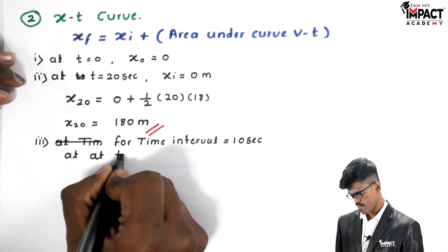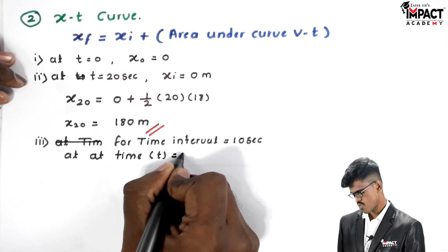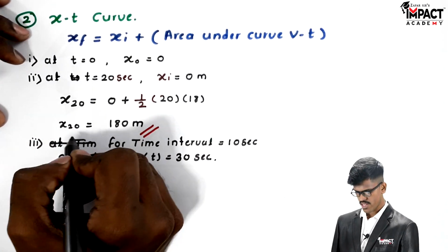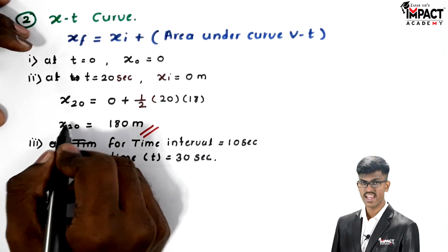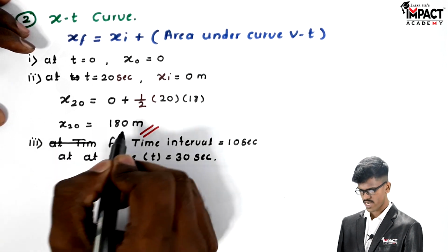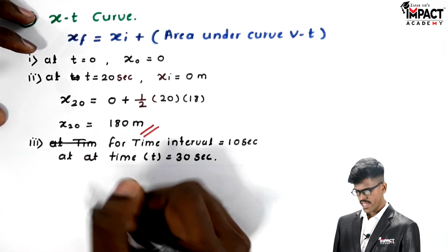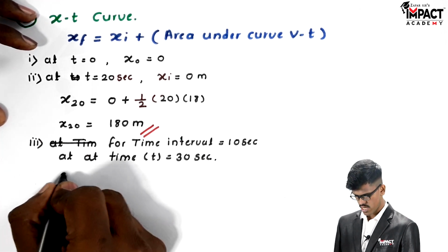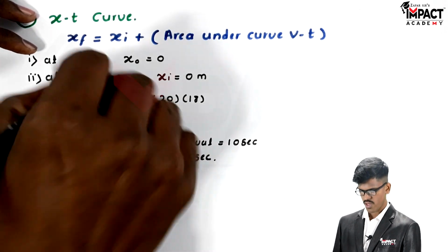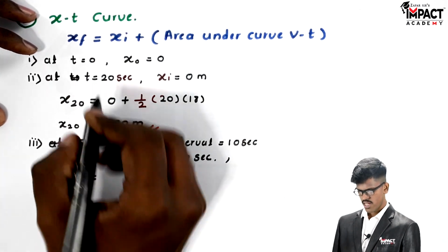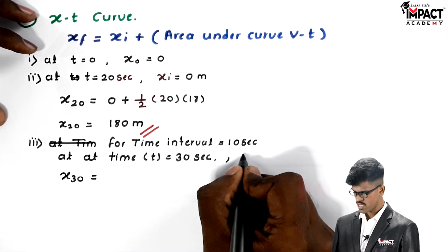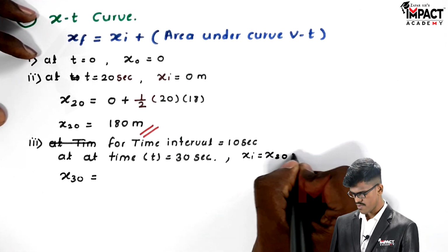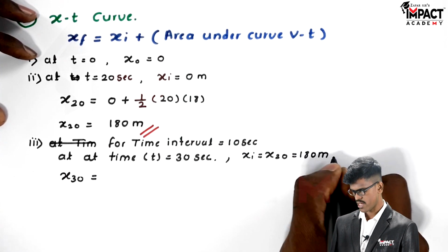At time t is equal to 30 seconds. So we found x20, the position of the particle when time is 20 seconds, is 180 meter. Now find out the position of the particle when t is equal to 30 seconds. So x30 is equal to xi, initial position. Here we consider the initial position as x20, which is 180 meter.